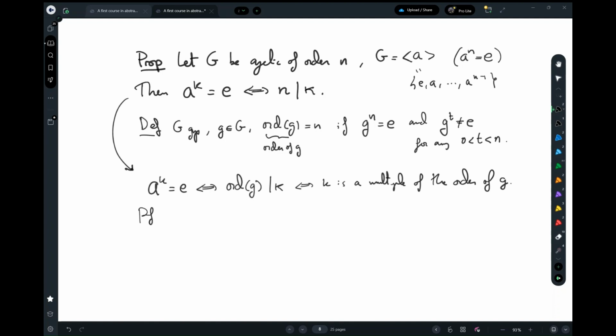Okay, so let's see why this is true. First of all, let's go in this direction. Suppose that n does divide k.